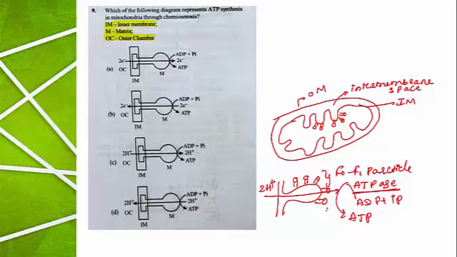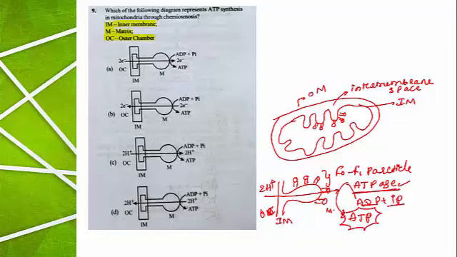This is the matrix and this is the intermembrane space or outer membrane space, as it is given, the outer chamber, and this is the inner membrane of the mitochondria. When two protons pass through the F0-F1 particle with the enzyme ATPase, inorganic phosphate is added to the ADP and results in the synthesis of the energy molecule called ATP.